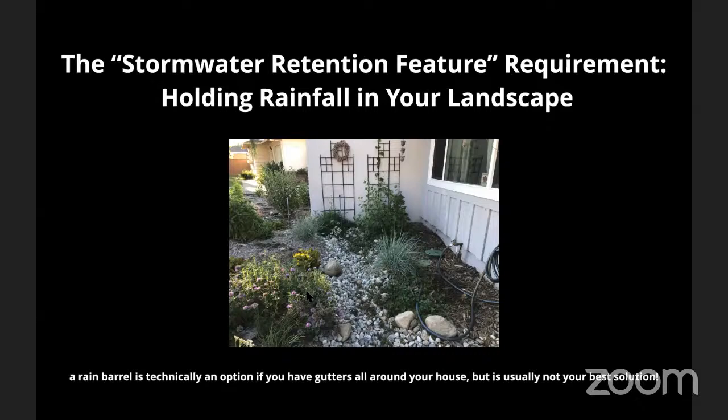Most of us have no clue how much water we're actually using in our houses. And so again, that 50 gallons of water is not going to do much. But some people are really into having their rain barrels.